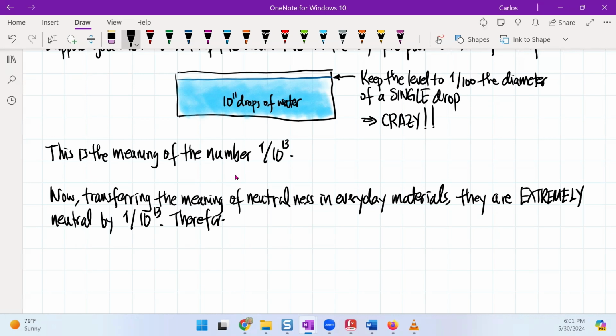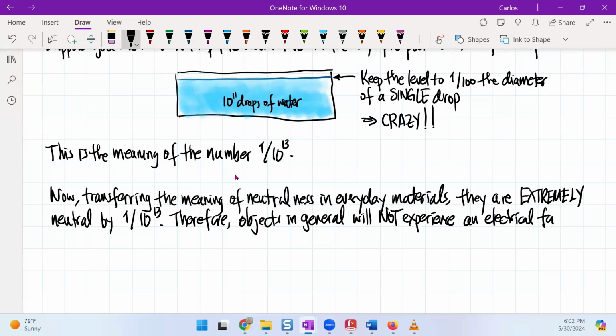Therefore, objects in general will not experience an electrical force.